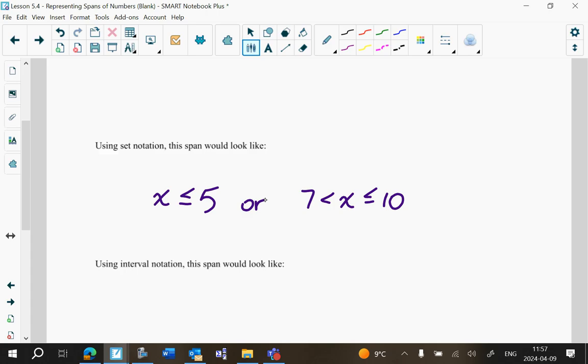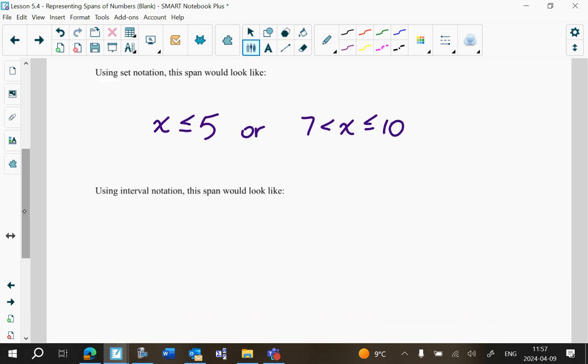For interval notation, let's do each one separately and then connect them. So how do I write everything less than or equal to 5 in interval notation? What's the lowest? Negative infinity, which means what goes beside it? A parenthesis. Comma, 5, bracket.